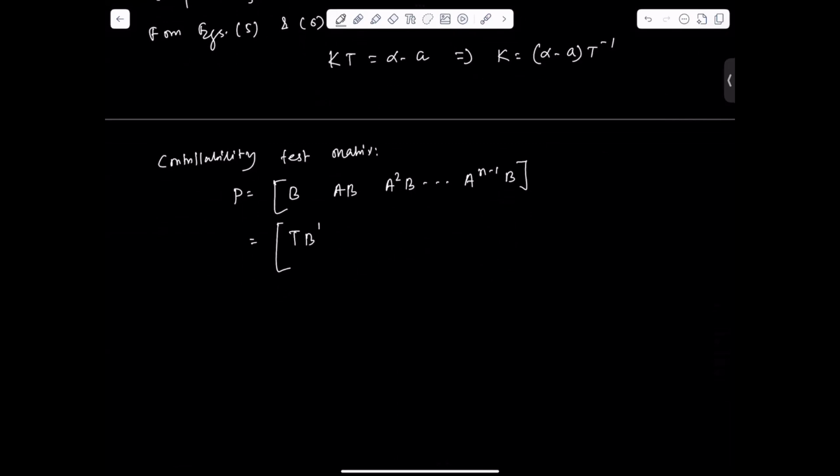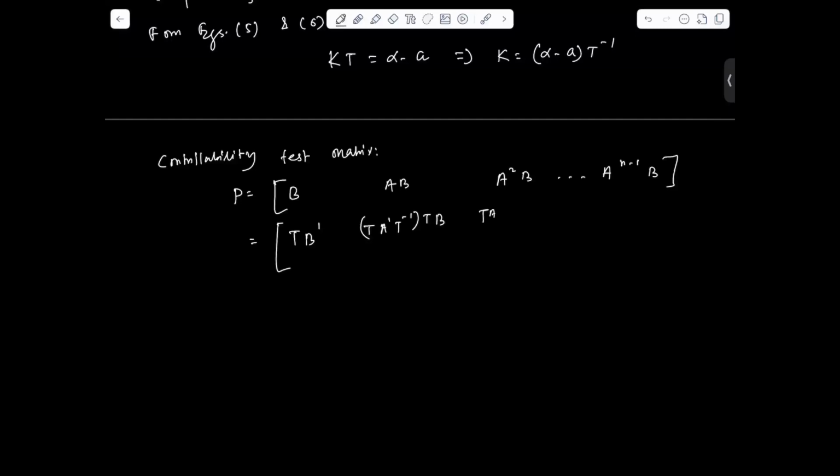After writing in this matrix, the first term is T B dash. The next terms are A square B up to A n minus 1 B. For AB, you can write T A dash T inverse T B dash. For A square B, you can write T A dash T inverse T A dash T inverse T B dash.